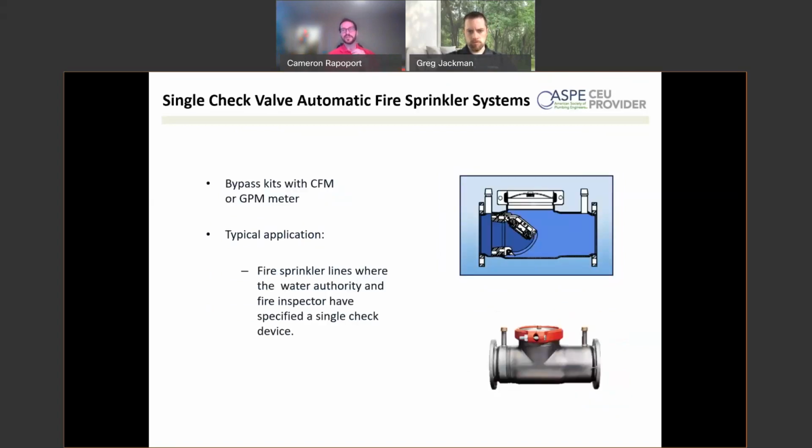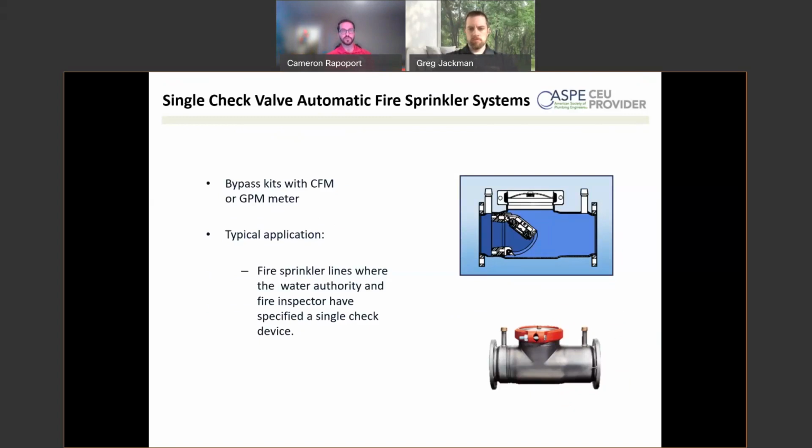I also want to talk about single check valves. Single check valves are not backflow preventers, but they were very, very common in fire sprinkler systems before they were required to put backflow preventers on there. So you do see these. They are grandfathered in. Sometimes when you replace them, you can replace with another single check.